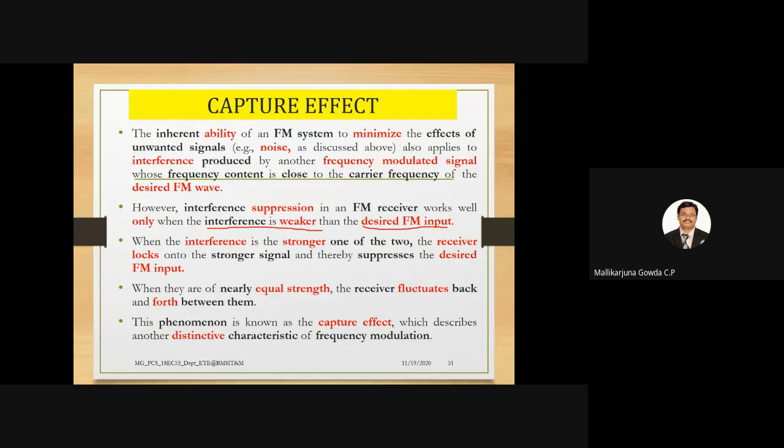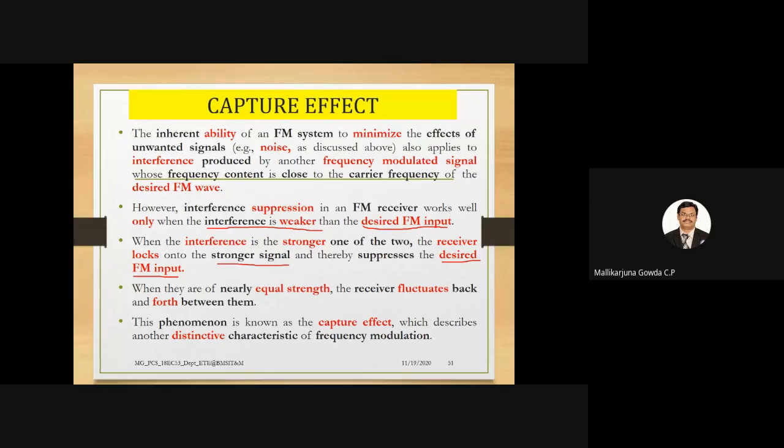The receiver will lock onto the stronger signal. Then we will be suppressing the desired FM input, right? That is a serious concern. When the interference is weaker, absolutely there will be no problem. It is possible to suppress that interference.